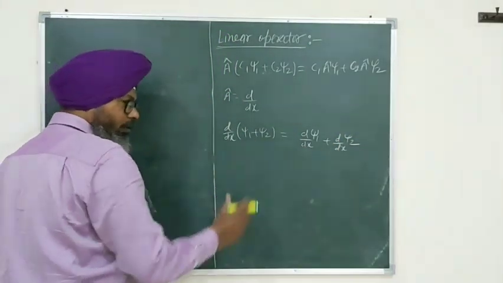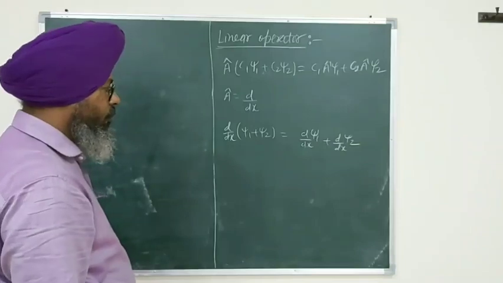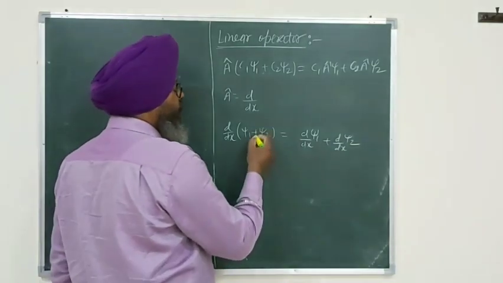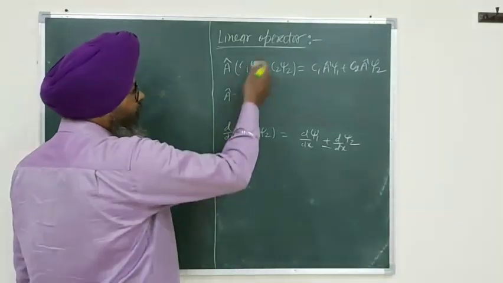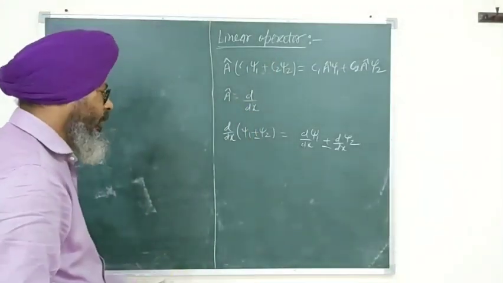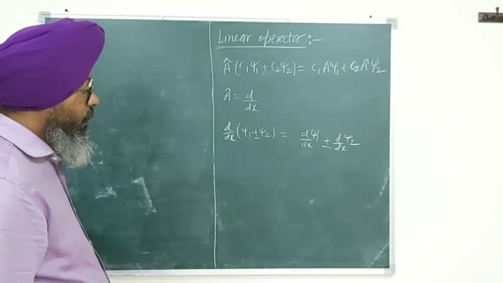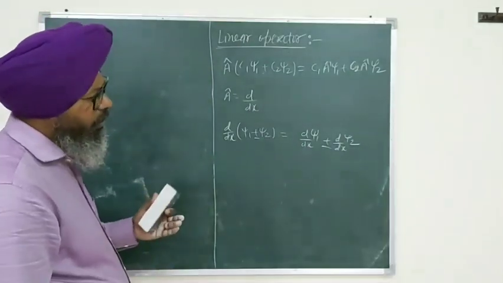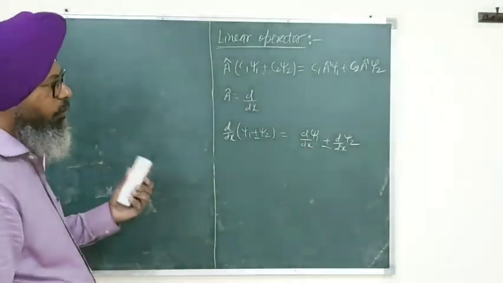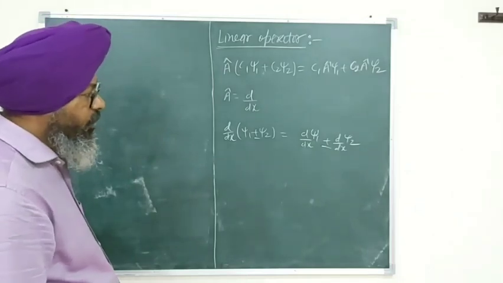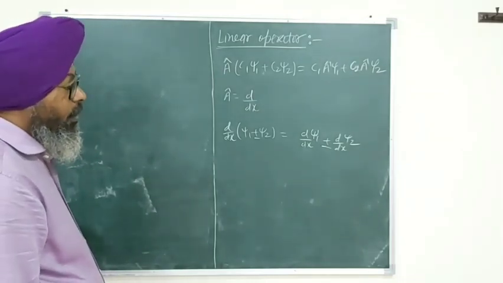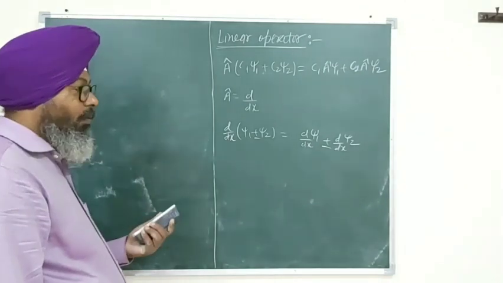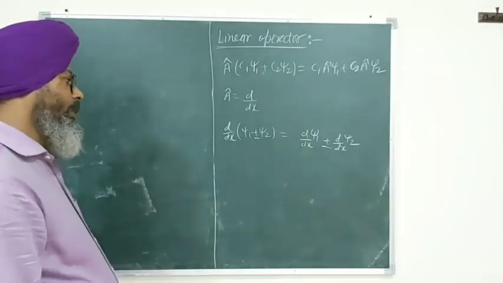So we know that differentiation is distributed over the sum. Instead of a sum it can be minus also. I have just taken C1 and C2 equal to 1, but you can take these as any constants. So the differentiation operator is a linear operator. Kindly remember, all differential operators are linear operators. Similarly, all integration operators are also linear operators.